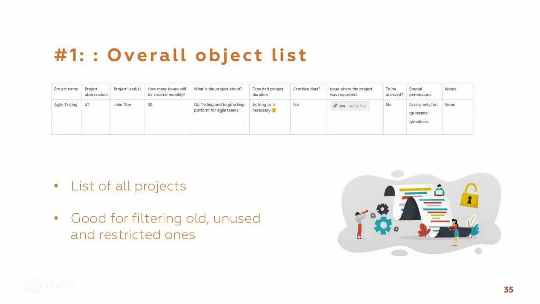So if you cannot, for example, add Privacy Shield or GDPR protected data, well, now is a good time to actually ask around if somebody adds these types of data in the project. To be archived makes sense. Special permissions, this is something that makes sense in restricted projects such as HR onboarding projects or the like, and any additional notes you might have.